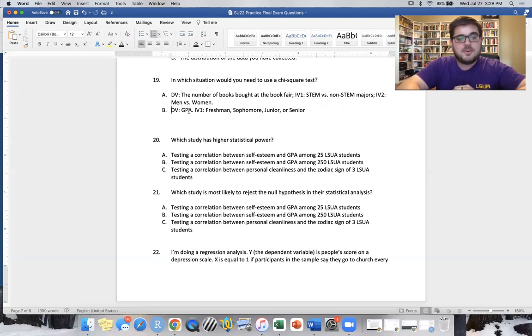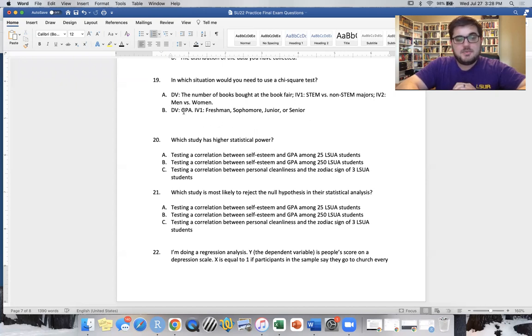If your dependent variable was GPA and your one independent variable was whether they're a freshman, sophomore, junior, or senior, well, you have an average GPA for each group. You don't have a count of how many people are in each group.